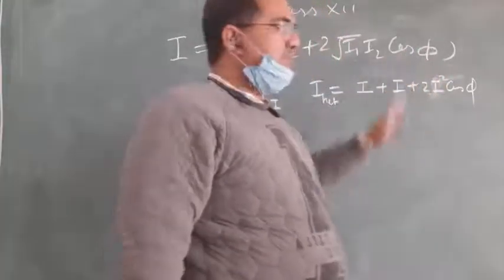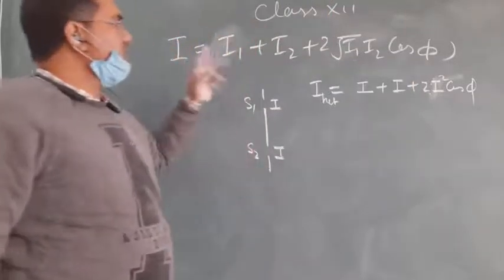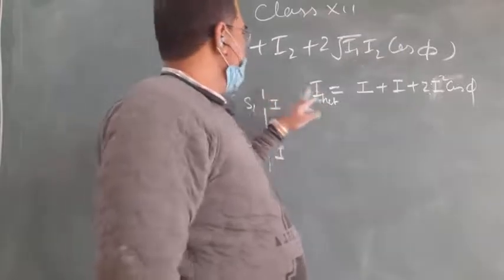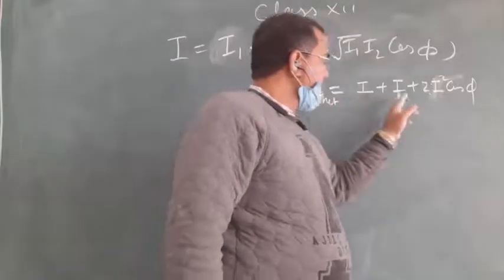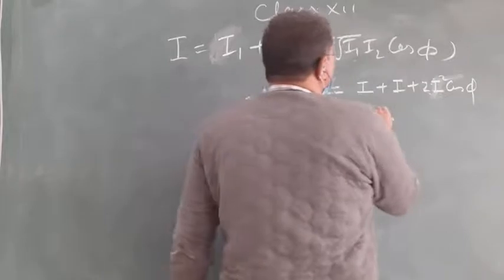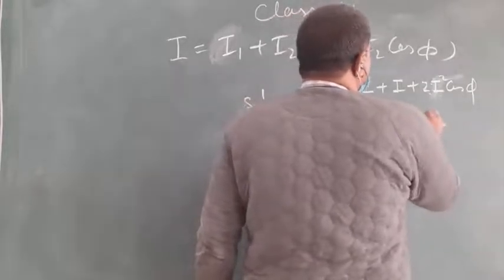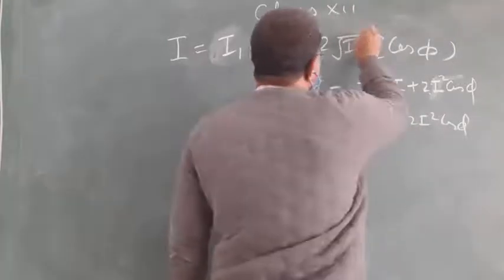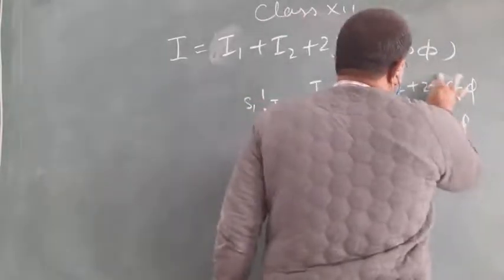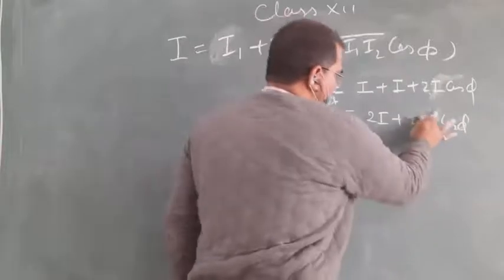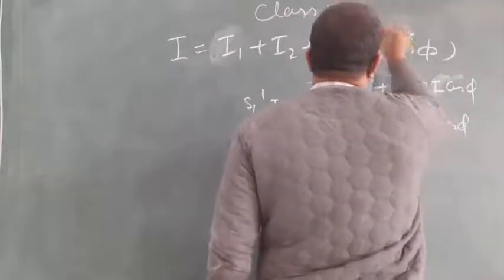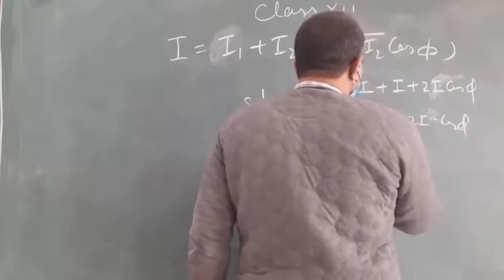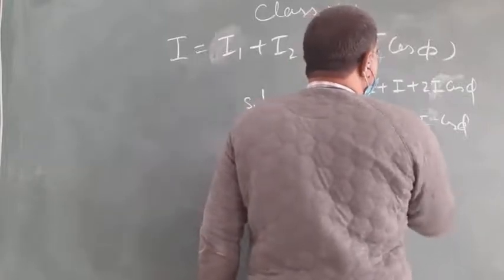This is the main formula. And if I1 and I2 are equal, say I, then the formula becomes I net equal to I plus I, so 2I plus 2I cos phi. You can take 2I as common, so 1 plus cos phi.